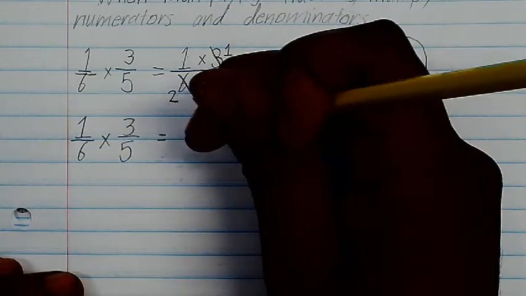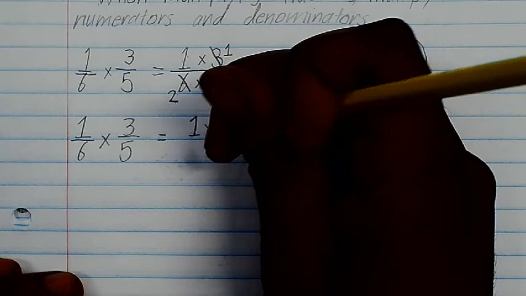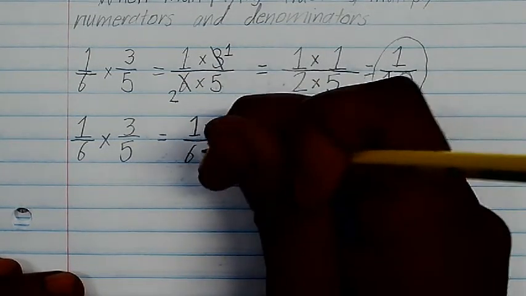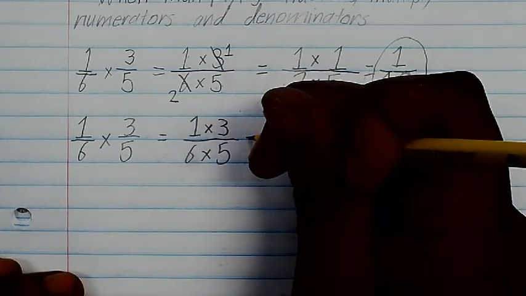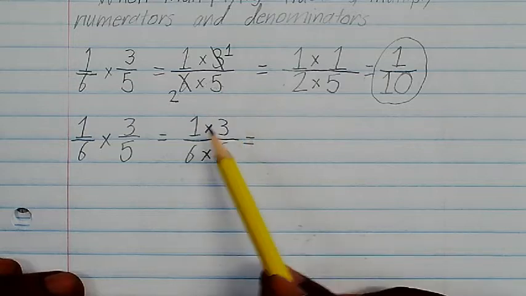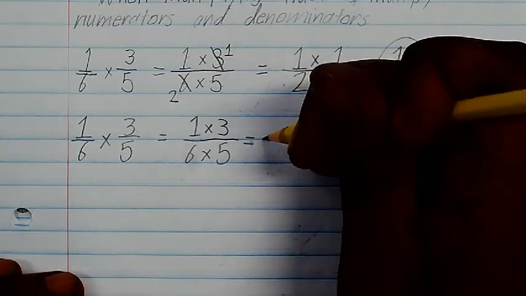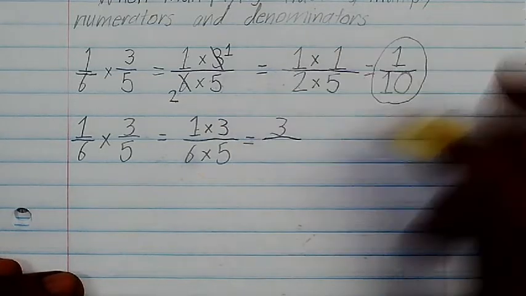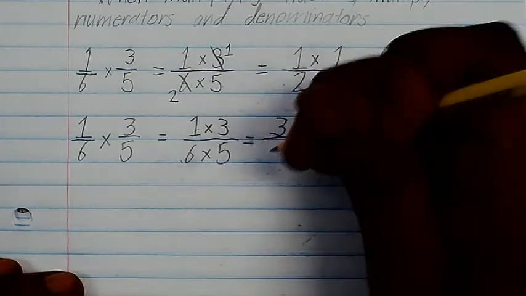Numerator times numerator, 1 times 3 over 6 times 5. And instead of simplifying like I did here, I'm just going to multiply it. Okay, so the numerator here, 1 times 3 is 3. 6 times 5 is 30.